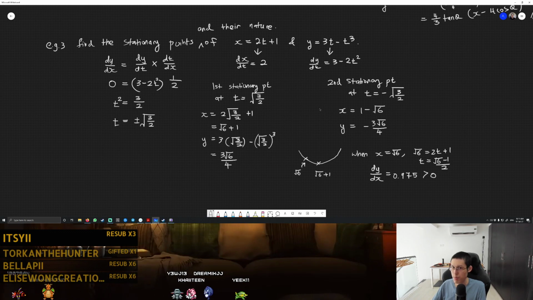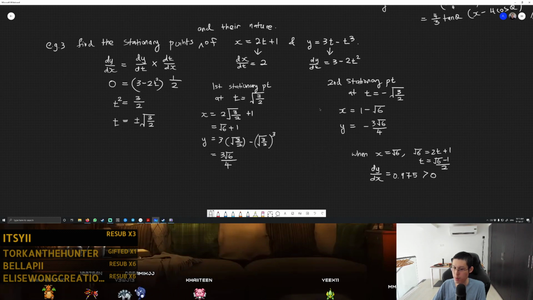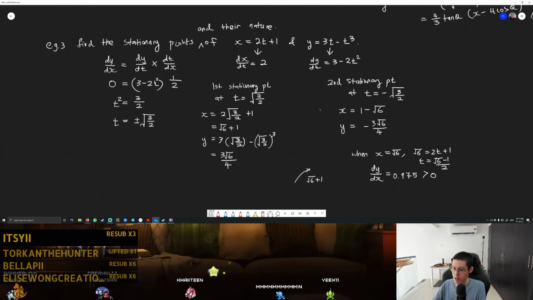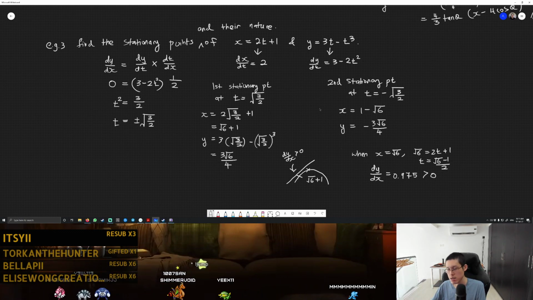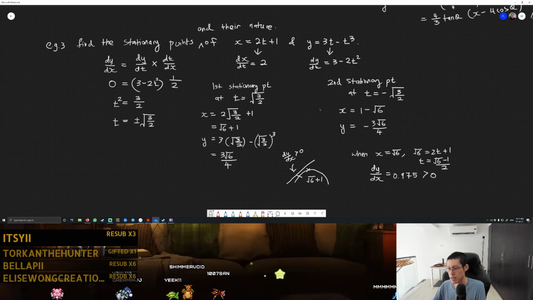So what it implies is that the gradient of the point before the stationary point is actually positive. So it kind of looks like this. You see this point here is positive. This gradient dy dx is greater than 0. So usually that is enough to tell you that this is in fact a maximum point.